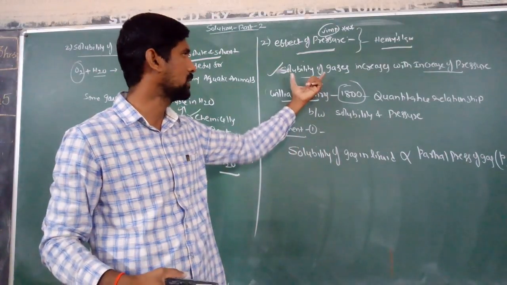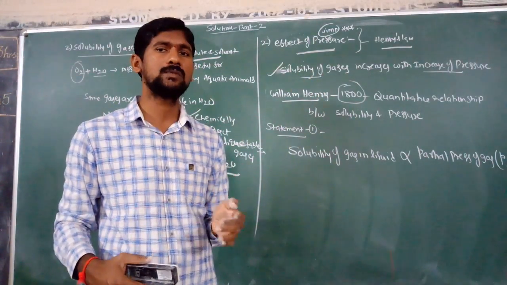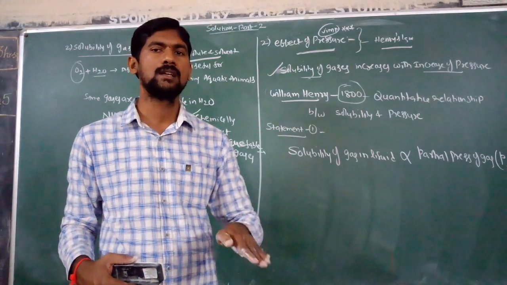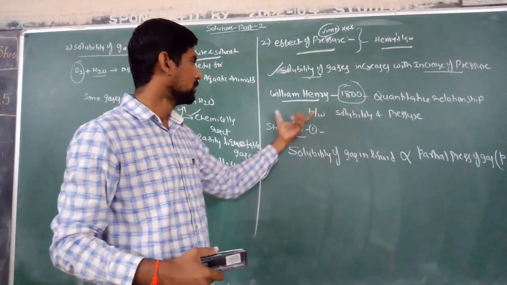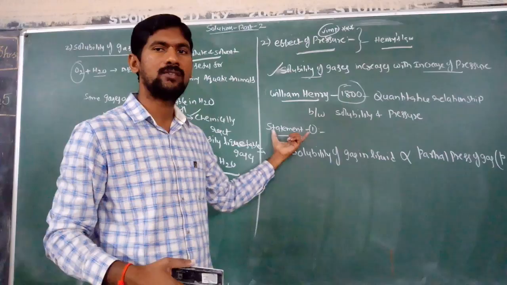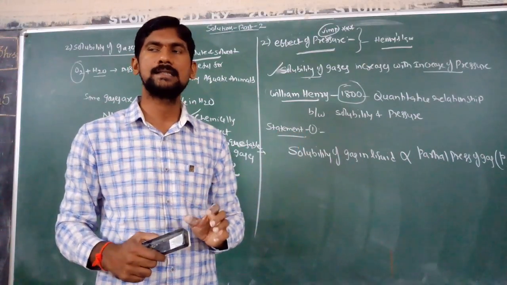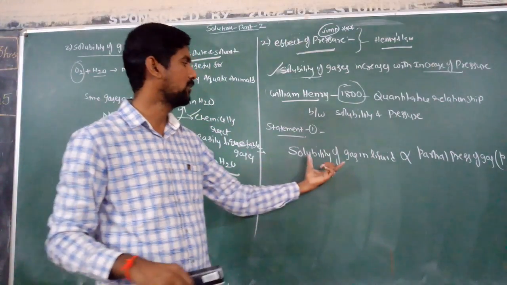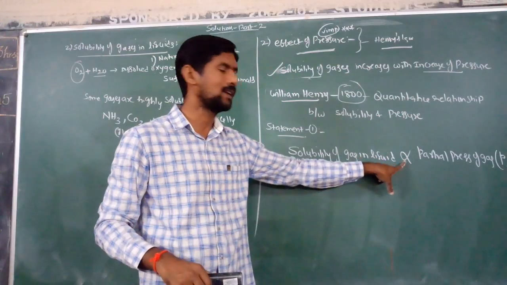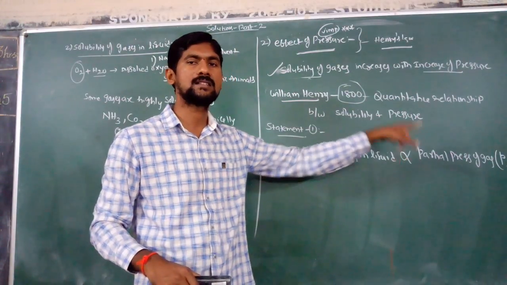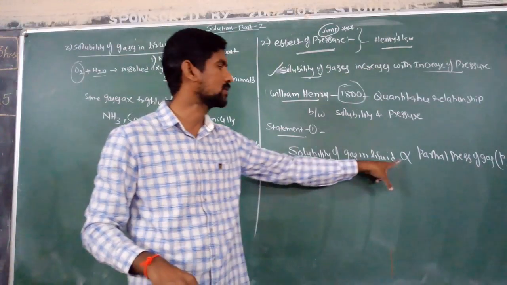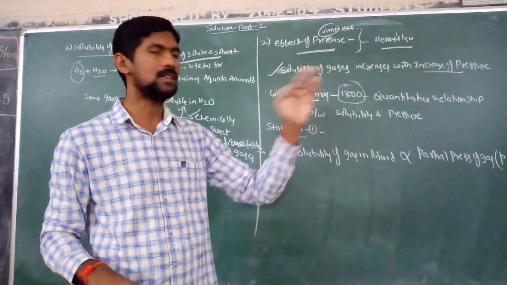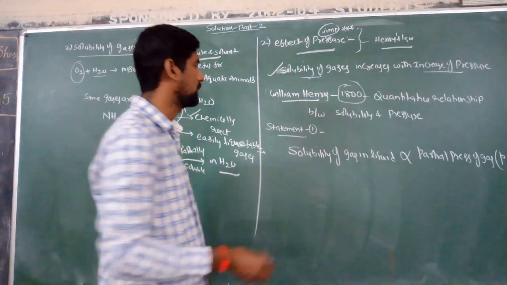Solubility of gases increases with increase of pressure. By increasing pressure, most of the gaseous molecules go into the liquid phase. The solubility of gases in liquids is directly proportional to partial pressure over the solution, which means that solubility increases with increase of partial pressure.